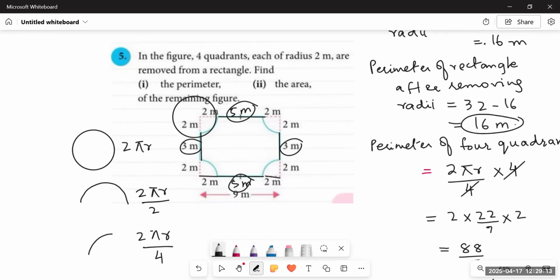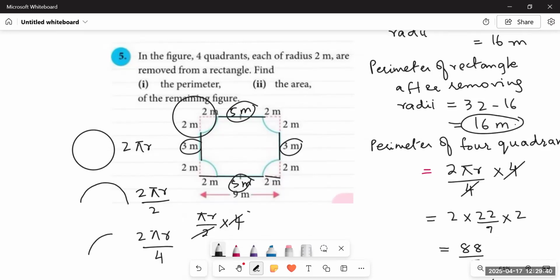Right? So the circumference of each quarter circle or quadrant would be 2 pi r upon 4, or you can say this is pi r upon 2. Right? And then what do we have to do? Since there are 4 quadrants, after finding the circumference of each, we have to multiply it by 4.